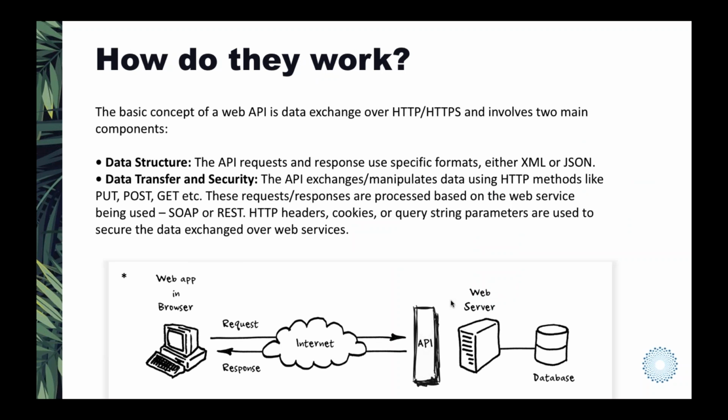So how do APIs work? Traditionally they work over HTTP or HTTPS, and the formats most commonly used today are text, XML, or JSON. You communicate with these APIs using methods like PUT, POST, or GET, so we're either sending information down or getting information back.